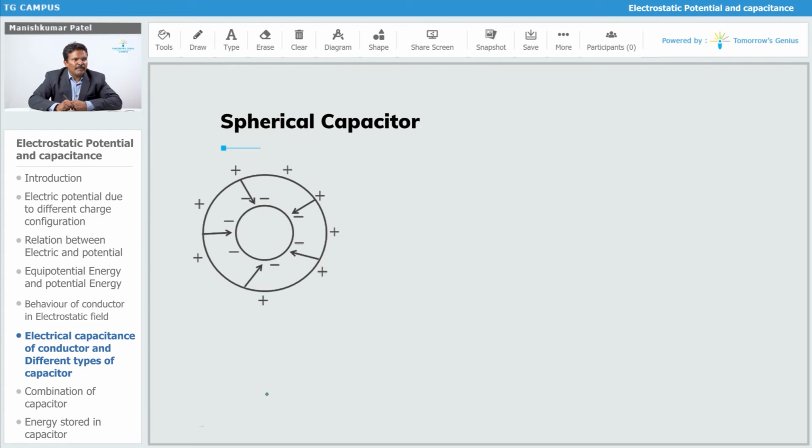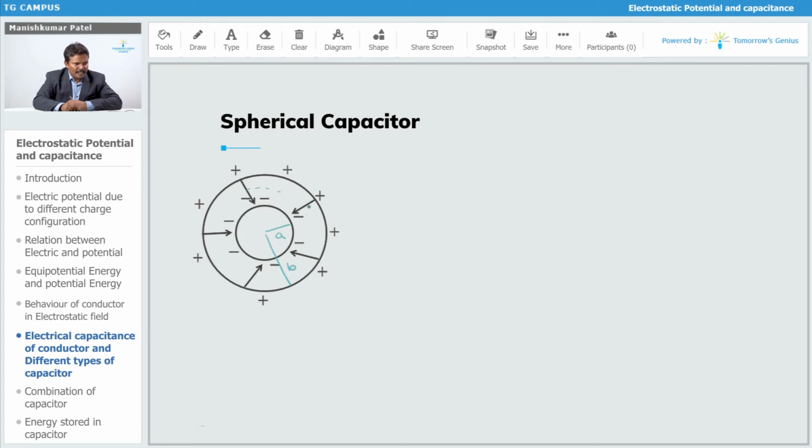Next one, the spherical capacitor. This is the cross sectional area which I have taken. The inner surface is of radius A, and let the outer surface be of radius B. Now you have to move the charge from the outer sphere towards the inner sphere.